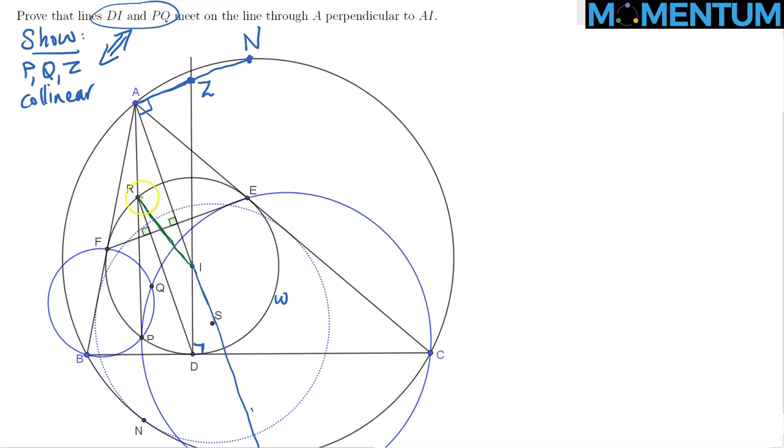So let's check things out. Well, first of all, triangle RID is isosceles. So therefore, this angle here measures the same as this angle over here. But then, due to the fact that RD and AI are parallel, we also have this angle congruent to that as well. So let's write that down.